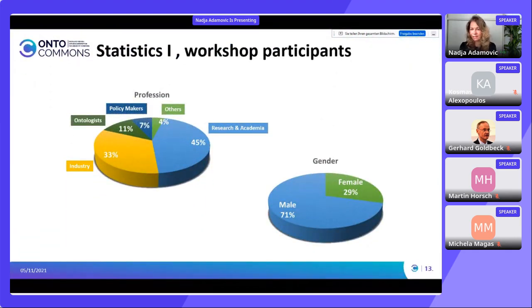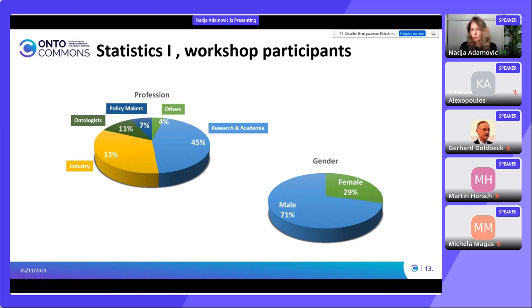Some statistics, thanks to TrustIT, who already provided this information. I was just informed that we had more than 426 registrations on the ENIT regarding this workshop. Of course, not everybody was present at the same time, but throughout the whole week, participants were probably distributed across different sessions.